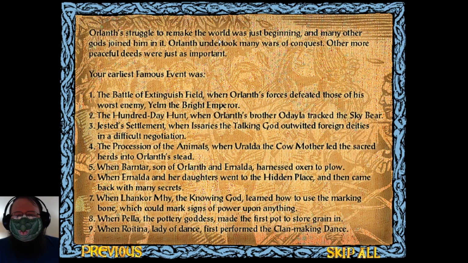Orlanth's struggle to remake the world was just beginning, and many other gods joined him in it. Orlanth undertook many wars of conquest. Other more peaceful deeds were just as important.